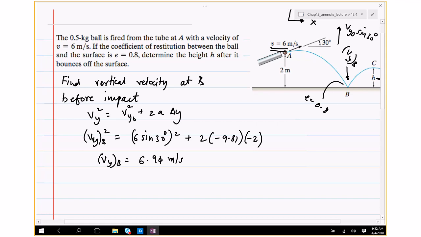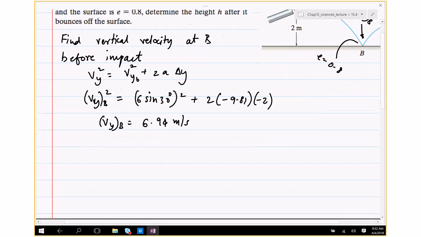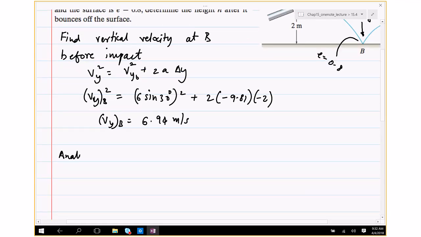Okay, so I know the velocity before impact. Now let me try to find the velocity after impact. For that, I need to use the coefficient of restitution. So the definition of e is the velocity of the two bodies involved in the collision.